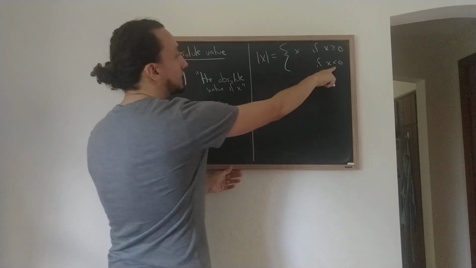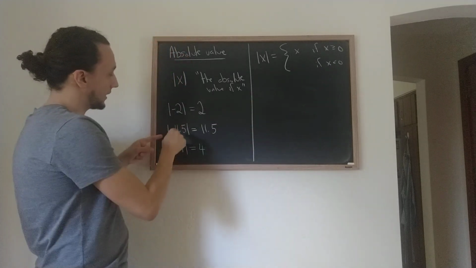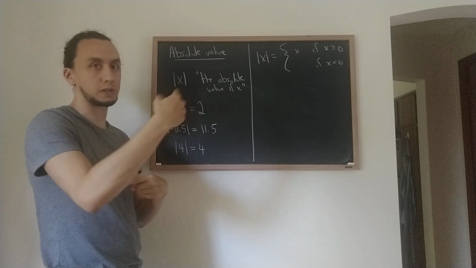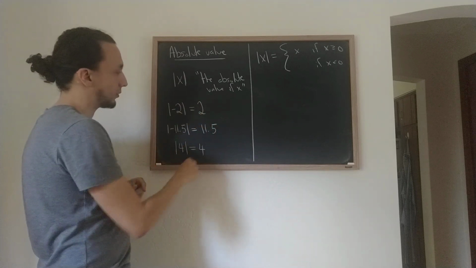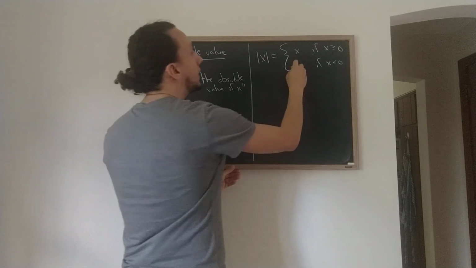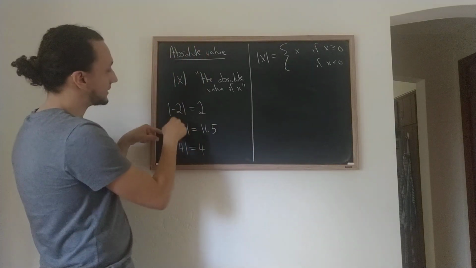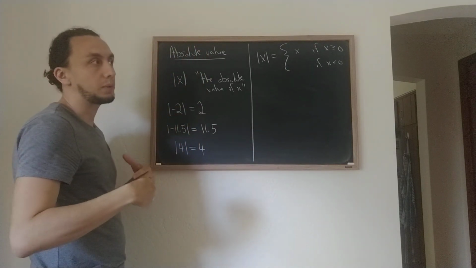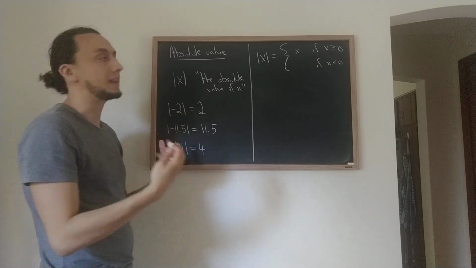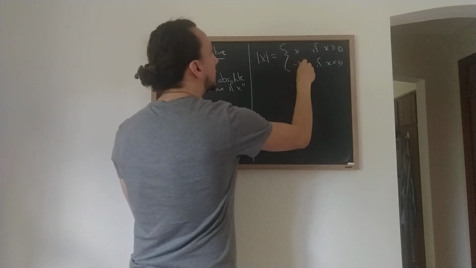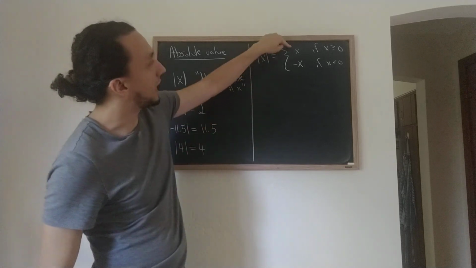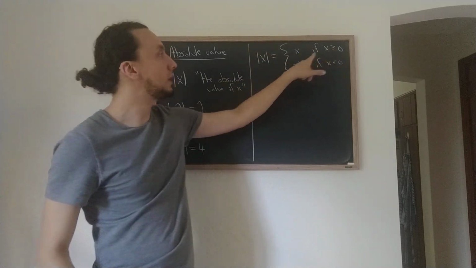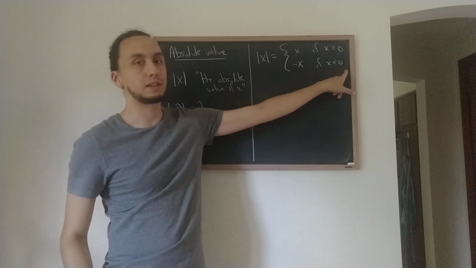Whereas if x is less than 0, then it changes it into the corresponding positive number. So -2 becomes 2, -11.5 becomes 11.5, and to get rid of a negative, we sort of paradoxically add a negative, so it looks like this. The absolute value of x is just x if x is greater than or equal to 0, and it's -x if x is less than 0.